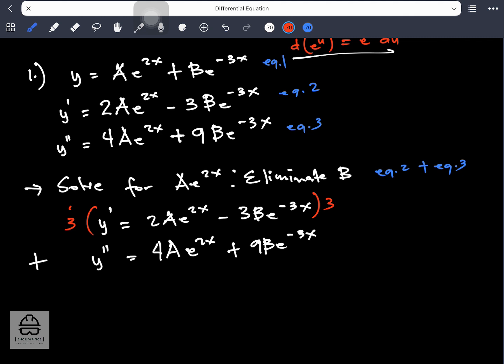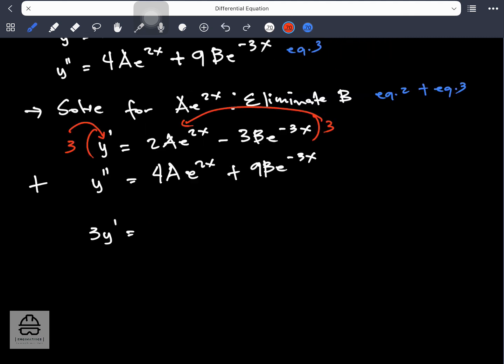Positive 3 times y prime, that would be 3y prime is equal to positive 3 times 2ae raised to 2x, that would be 6ae raised to 2x. Then positive 3 times negative 3, that would be negative 9be raised to negative 3x.